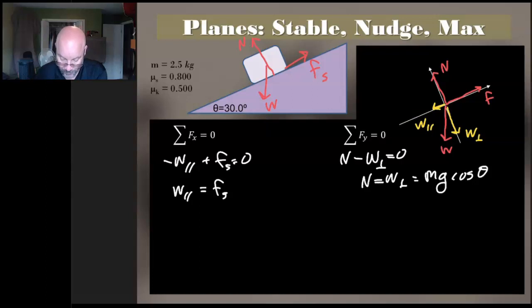Now remember, over here's theta, here's theta here. You don't want to have to stop and think through this every time, so just memorize that. The perpendicular one goes mg cosine theta, the parallel one goes mg sine theta. So let's do that.